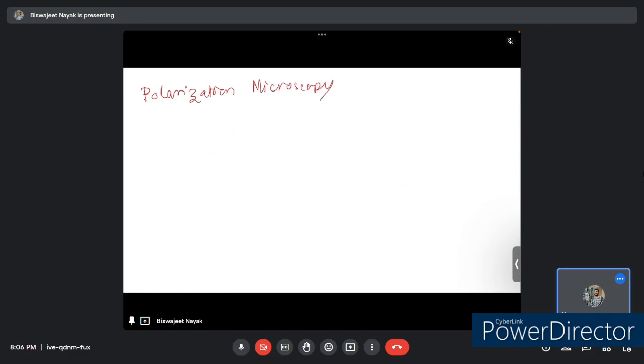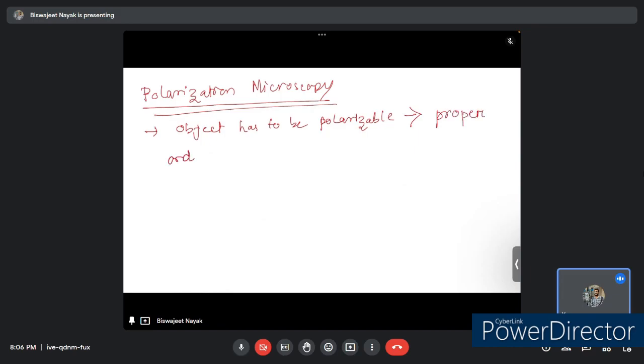For this microscopy, the object which we are going to take has to be polarizable in nature, and it should have proper ordering and directionality.